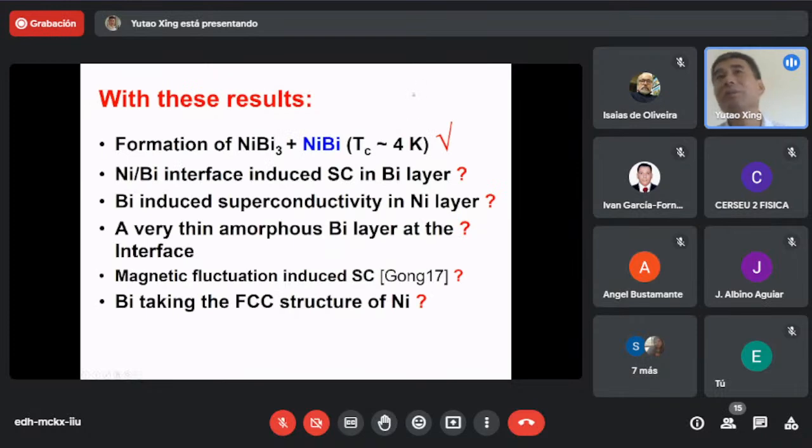With this result, we can confirm that in our sample, NiBi3 and NiBi formed, with TC around 4 Kelvin. But all the others, I don't know. We can confirm only this interpretation, but we cannot rule out all the others. So still, the argument is going on.